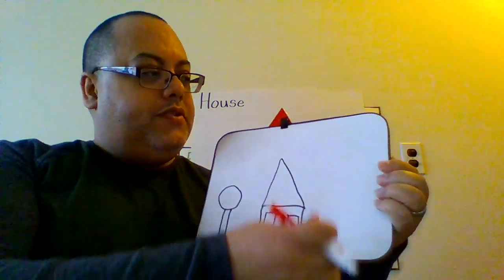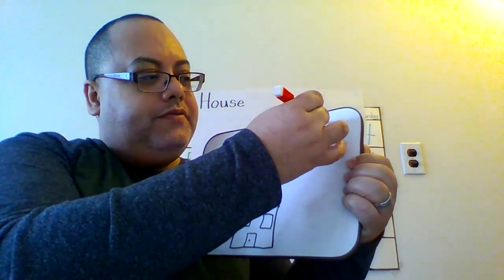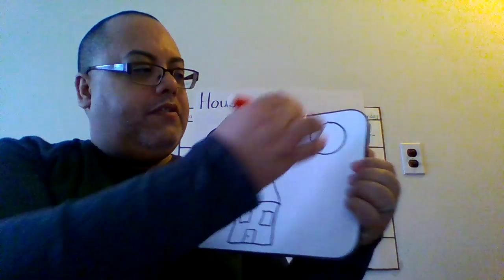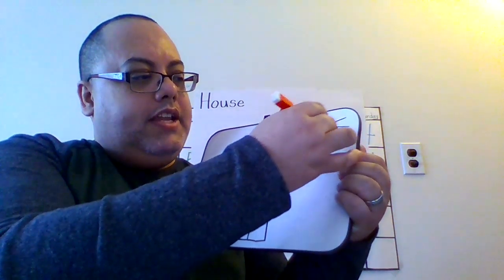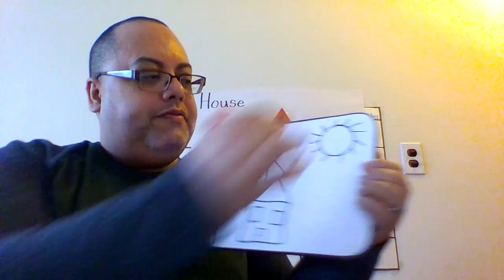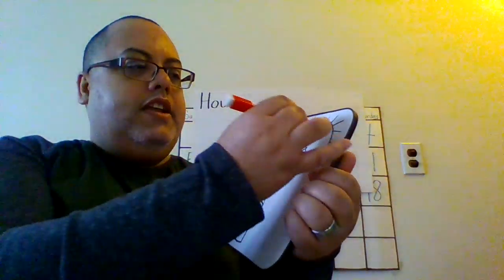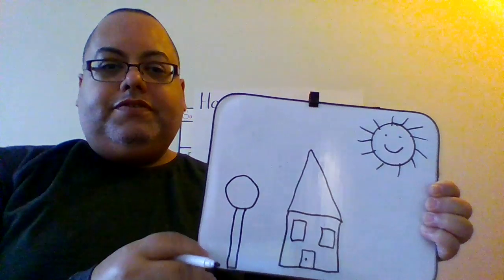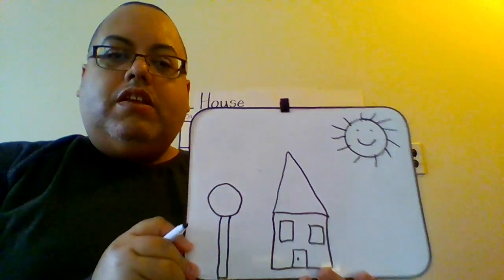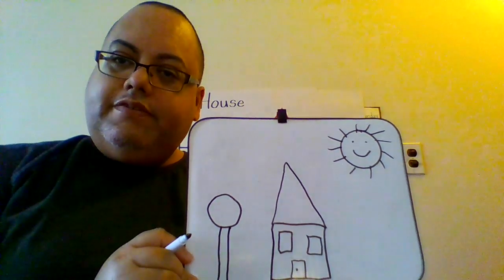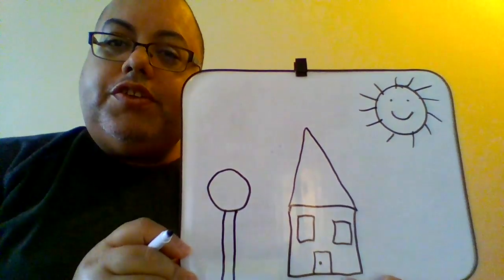I can use a sun. The sun is also a circle. All it needs is rays, which is what you see. I like to give my sun a happy face. Now, can I draw more details and shapes? Of course you can. I'm going to leave that to you.